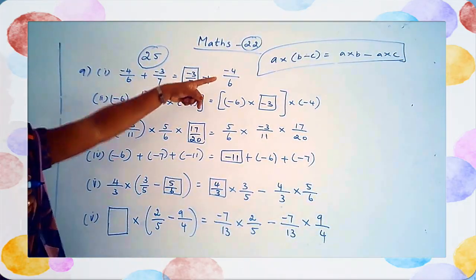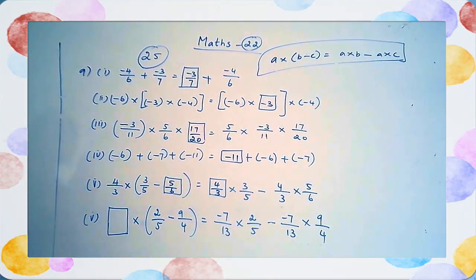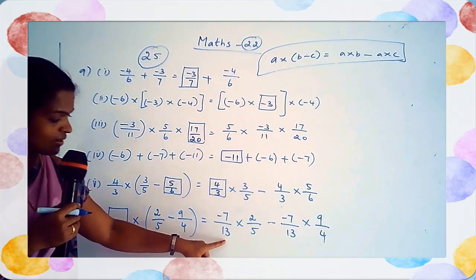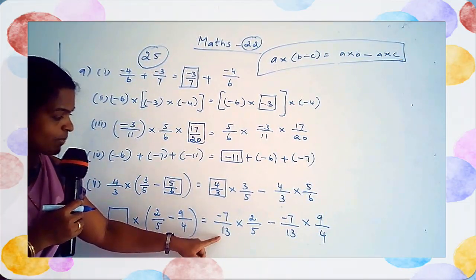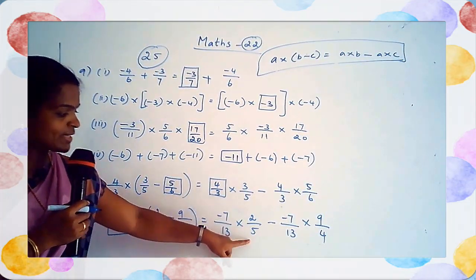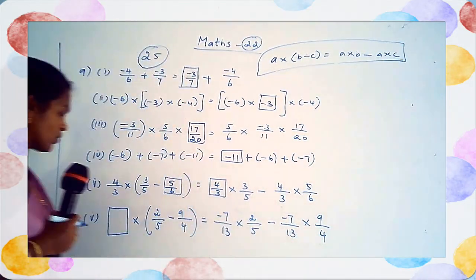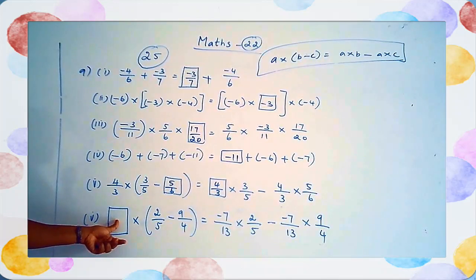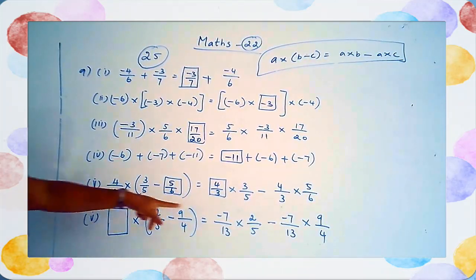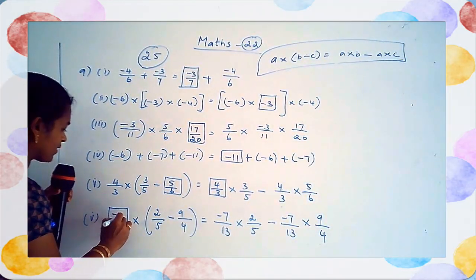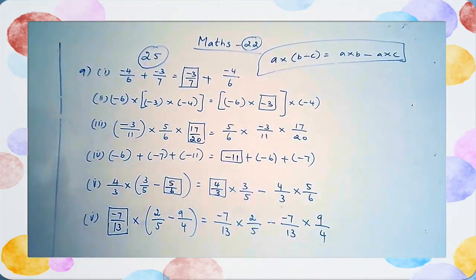So your property is A into B minus C is equal to A into B minus A into C. Here A is equal to minus 7 upon 13, B is equal to 2 upon 5 and C is equal to 9 upon 4. So here A into B minus C. So A is equal to minus 7 upon 13. Okay, children? Clear? Do you understand?